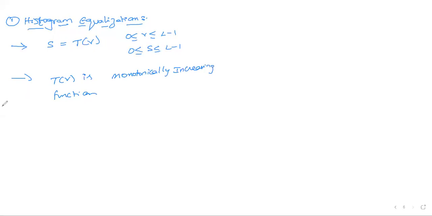And for histogram manipulation the probability density function is defined like this. s is equal to L minus 1 into sigma of nk by MN. Okay, nk by MN.